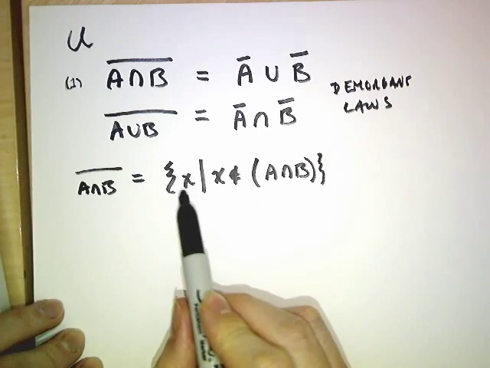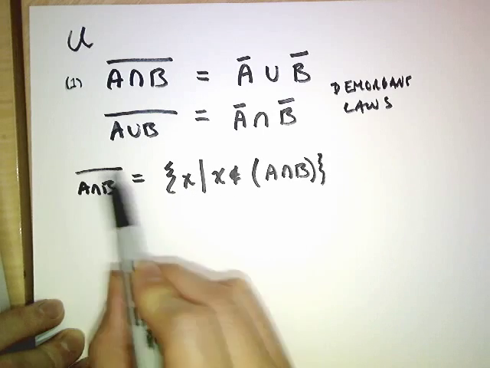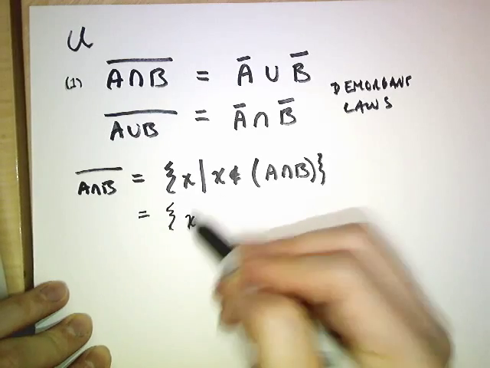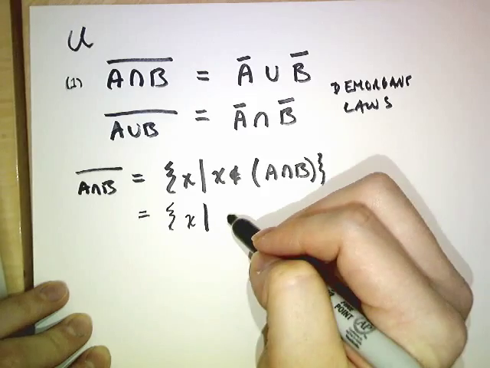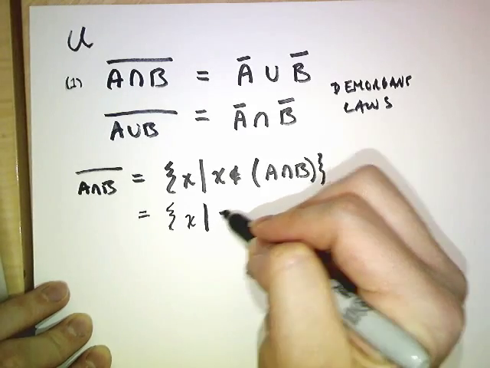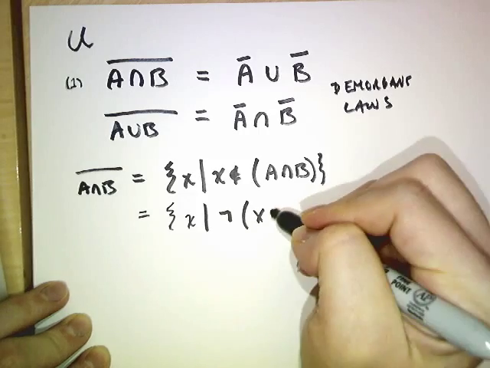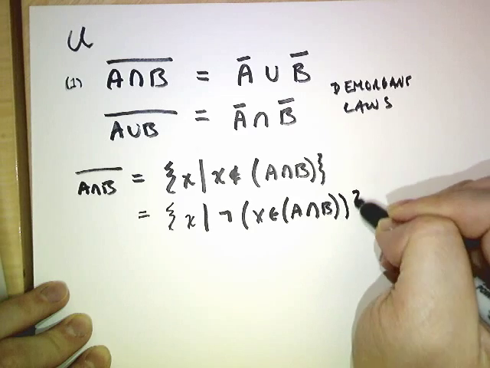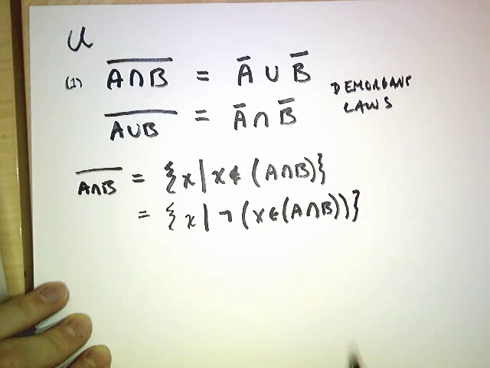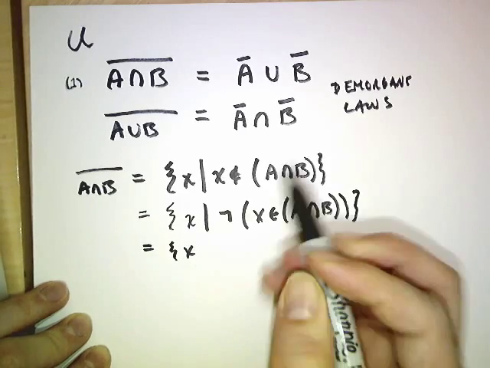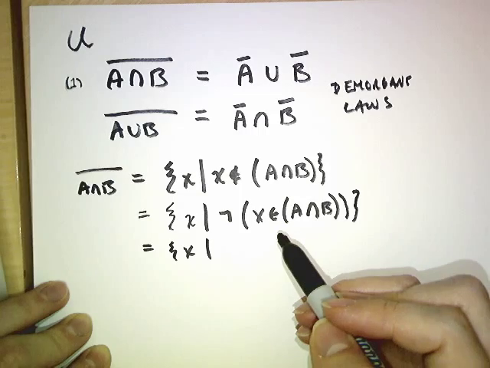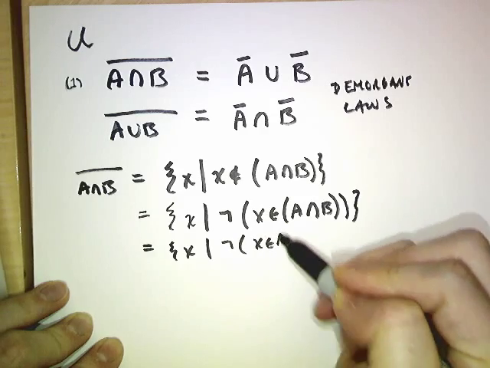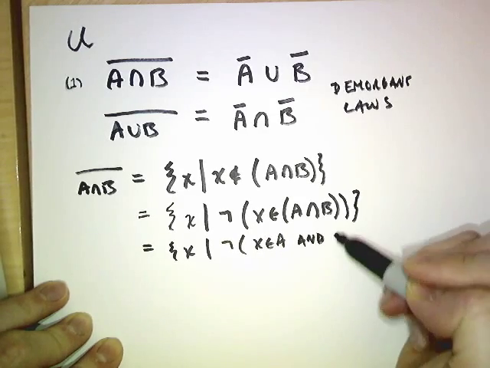It's the set of all x such that x is not in A intersect B. Okay, well, this is equal to the set of all x such that it's not the case that x is an element of A intersect B. Good. So this is the set of all x such that it's not the case that x is in A and x is in B.